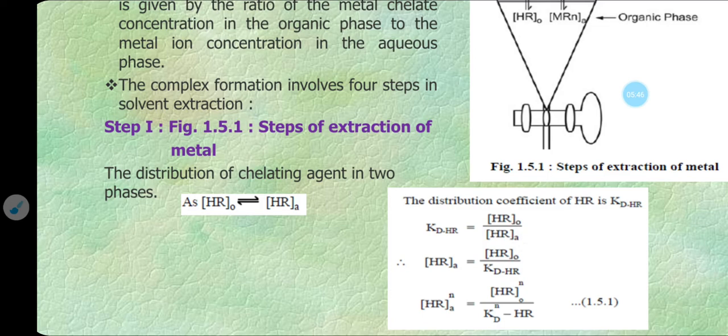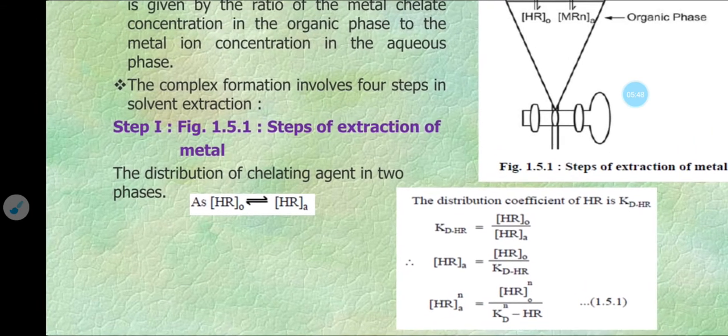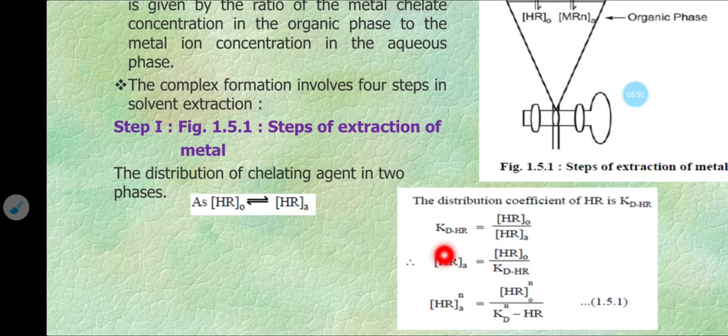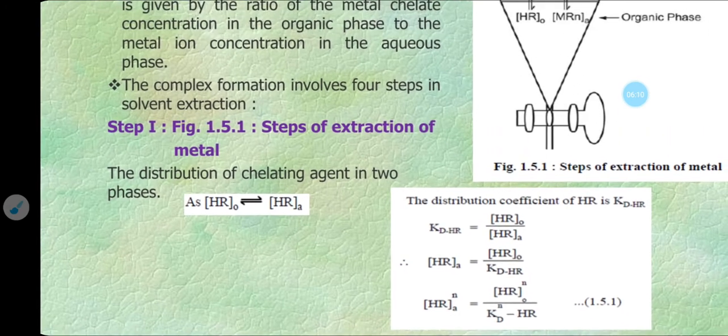We are interested in isolating the concentration of chelating reagent HR in aqueous, which is equal to, with K D of HR on the right-hand side, the concentration of HR, the chelating reagent in organic, divided by the distribution coefficient of HR. So this is for a single molecule.